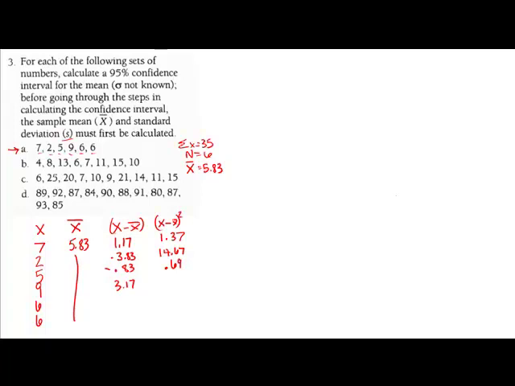If I square that, I get 10.0489. Let's call that 10.05. And my last one, 6 minus 5.83 is 0.17. Squared is 0.0289, so let's call that 0.03.